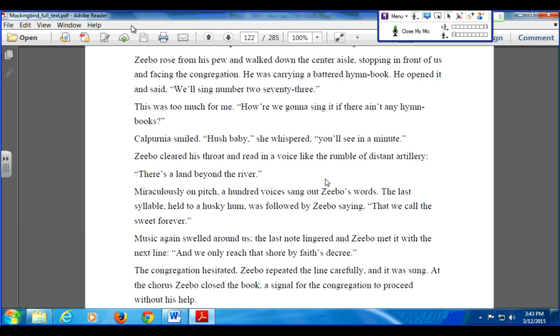Again, music swelled around us. The last note lingered, and Zebo met it with the next line: "We only reached that far shore by faith's decree." The congregation hesitated. Zebo repeated the line and it was sung. At the chorus, Zebo closed the book, a signal for the congregation to proceed without his help.